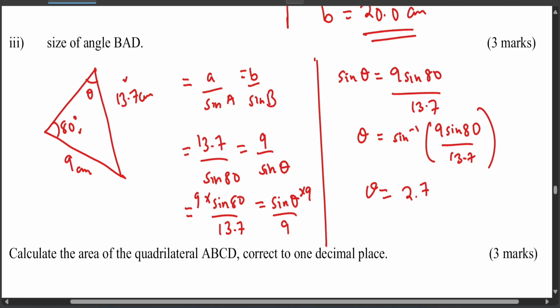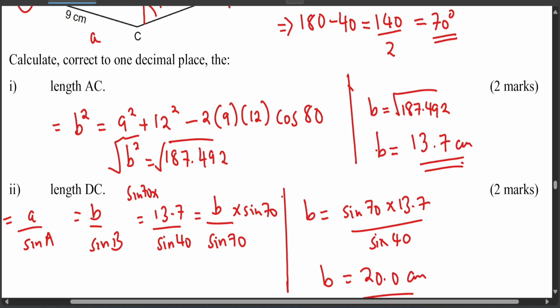I think nimekosea somewhere, unless kama ni mimi tu. Let me just confirm. 9 sin 80 divided by 13.7. So let me just do sin inverse of your answer. Yes, so now nimepata. So answer yako hapa ni 40.31 degrees. Lakini kumbuka umeuliza angle BAD.